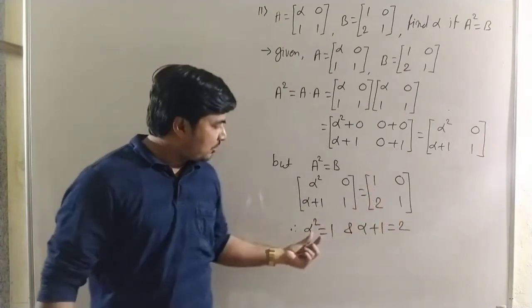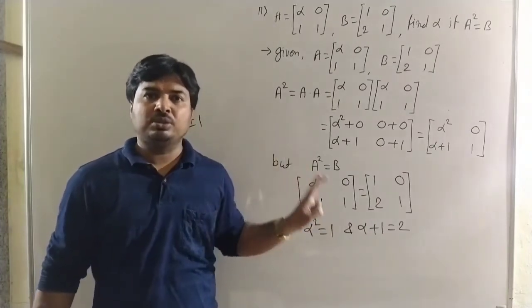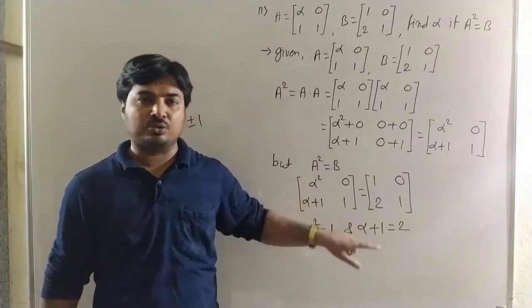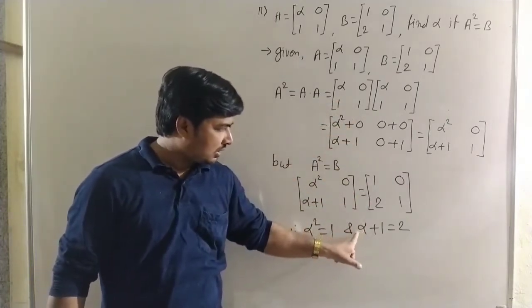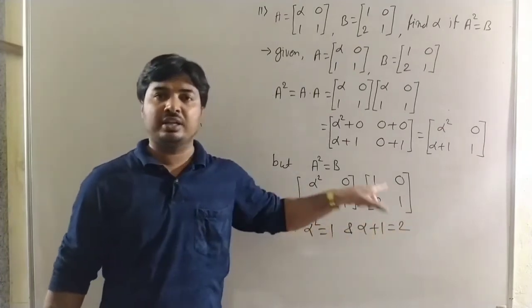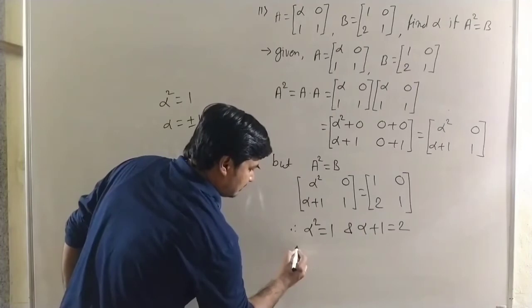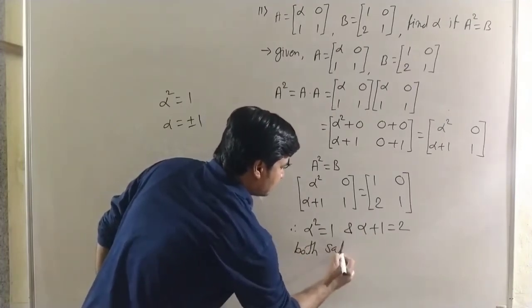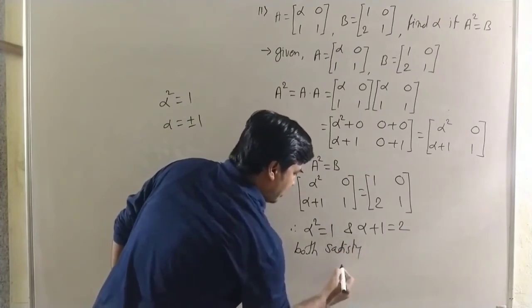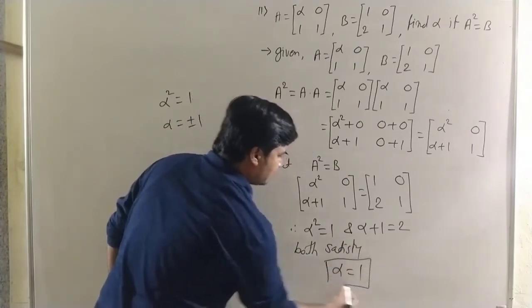That means the two values of alpha from alpha square are plus 1 and minus 1. But in this example, if alpha is equal to minus 1, this equation does not exist. So both equations are satisfied only when alpha is equal to 1, and it is the last answer.